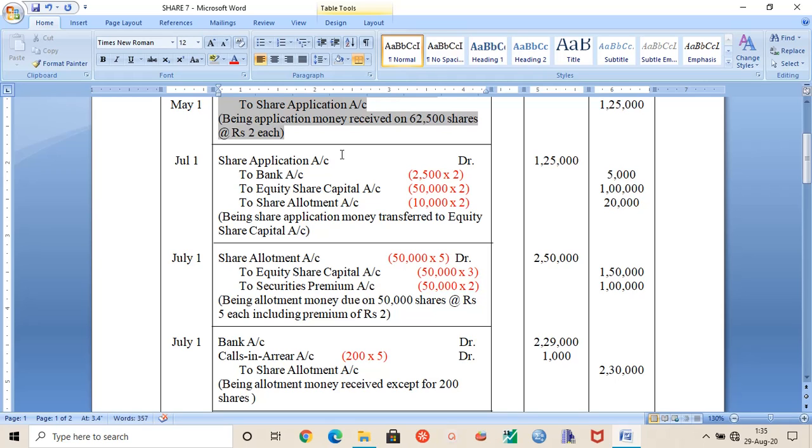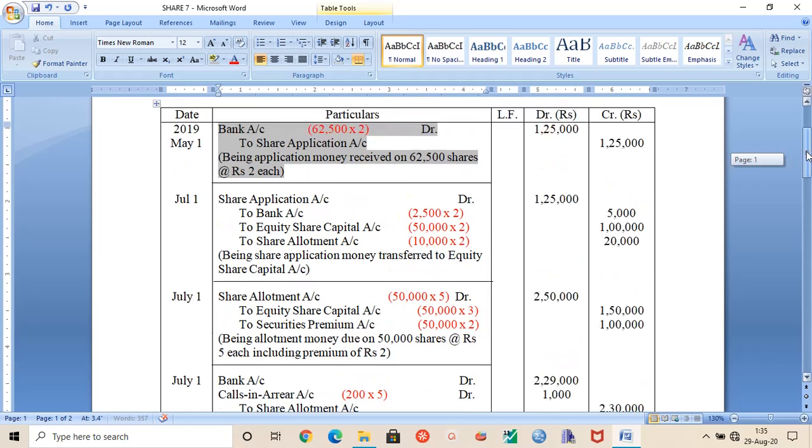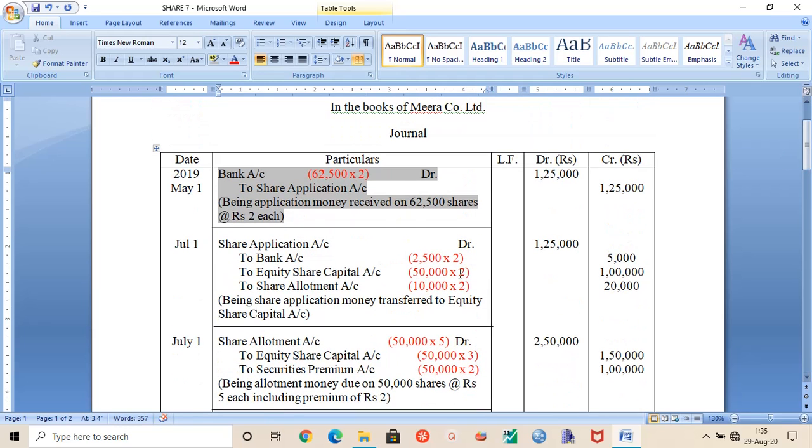The company actually issued 50,000 number of shares, right? So they received application for 62,500 number of shares. So what is the situation here? The company refunded the excess application money on 2,500 number of shares, and the remaining 10,000 was adjusted for the allotment.